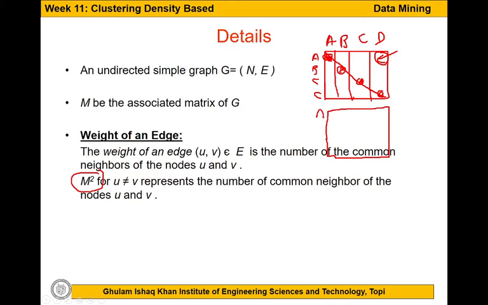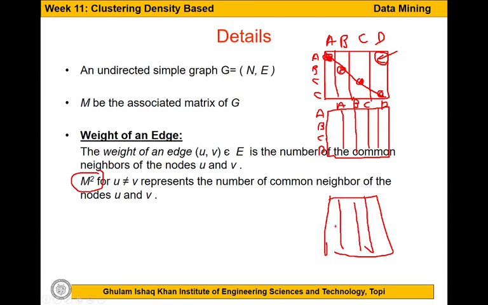No, it's not like this. It's basically matrix multiplication. So you make two copies of the adjacency matrix, and you multiply these two copies with each other. The resultant copy will be a new matrix.